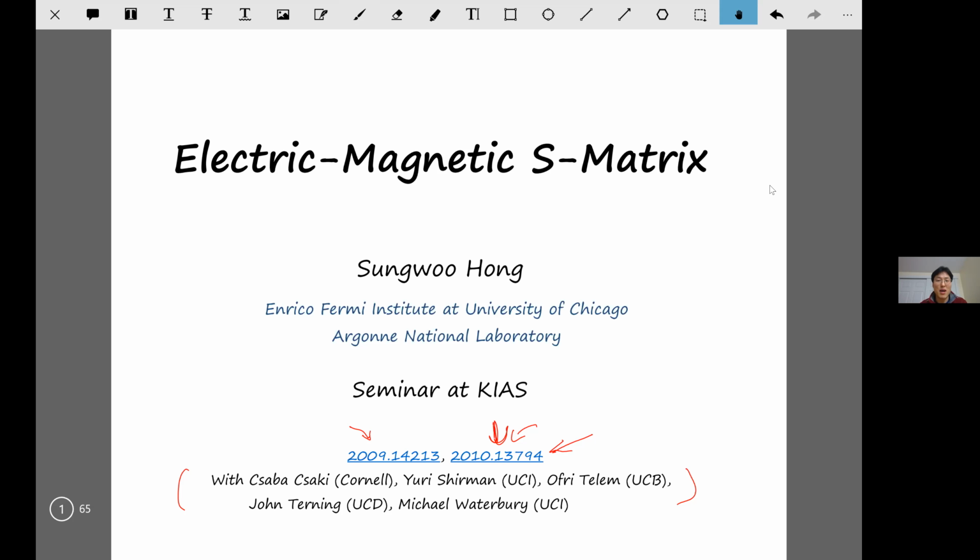Unless the audience is already very familiar with the existing formalisms, it may be good to include some review of those, which I will do. Then I will explain how we can generalize that formalism to the case where we have both electrically and magnetically charged particles. In the second part, I will go on to some applications of the formalism and learn some physics about it.